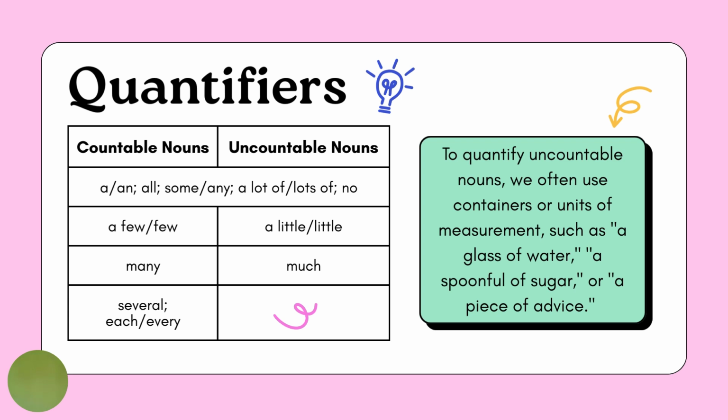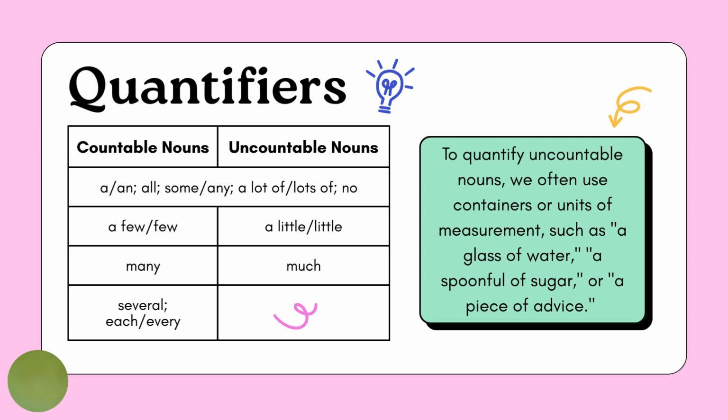You have to remember this one, guys, because there are some words that can only be used for countable nouns, and some quantifiers that can only be used for uncountable nouns, but there are some quantifiers that can be used for both. Okay, so please remember this.